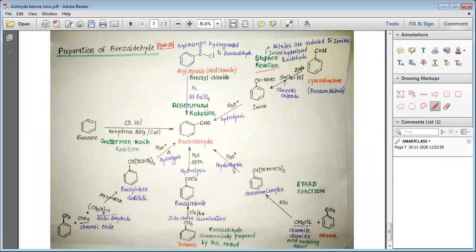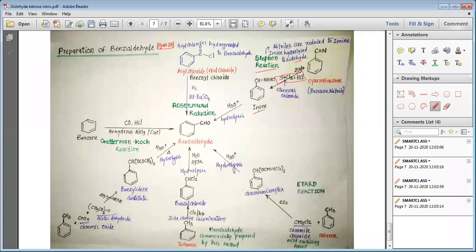In the Stephen reaction, nitriles are reduced to imine and imine is then hydrolyzed to aldehyde. So here we have cyanobenzene that is reduced with stannous chloride in the presence of hydrochloric acid. We get an imine which is hydrolyzed to give us the benzaldehyde.